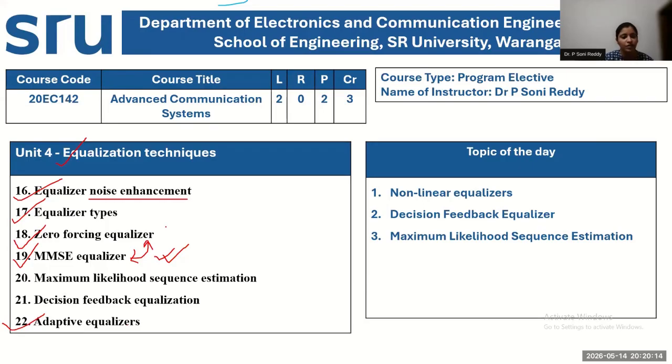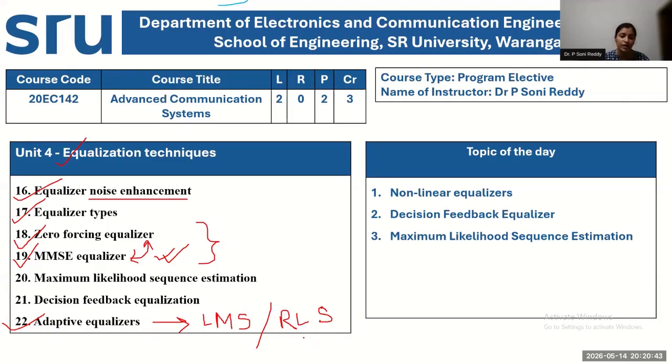Adaptive equalizers are different compared to linear equalizers, which are zero forcing and MMSE. How? Adaptive equalizers are always changing with respect to the changing nature of the channel. We have studied two types of adaptive equalizer algorithms. One is called LMS, or least mean square, and the other one is called RLS. In RLS, we have studied the recursive least squares algorithm.